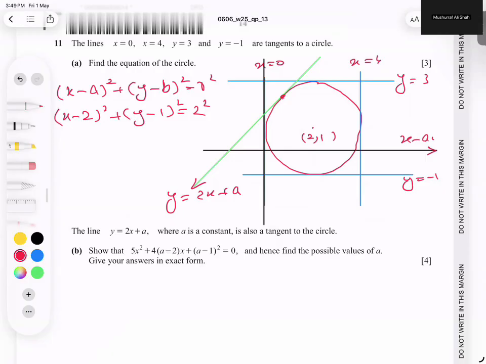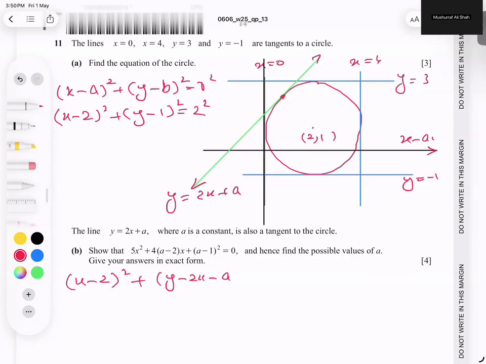And he's asking that this is another tangent also tangent to the circle, clear? And show this equation. How do you show this equation, students? This y value we are going to replace here, like substituting inside. Let's try to do it.